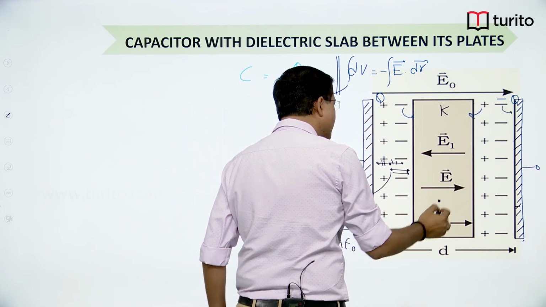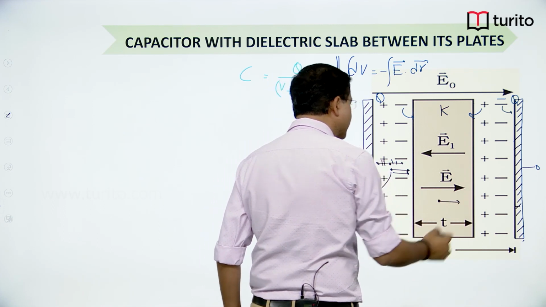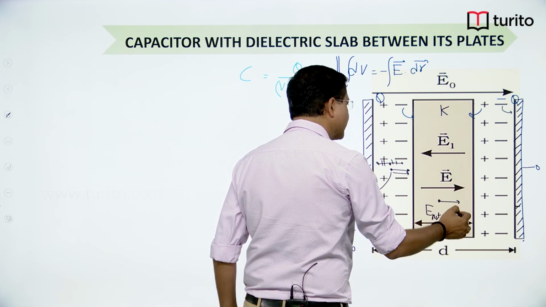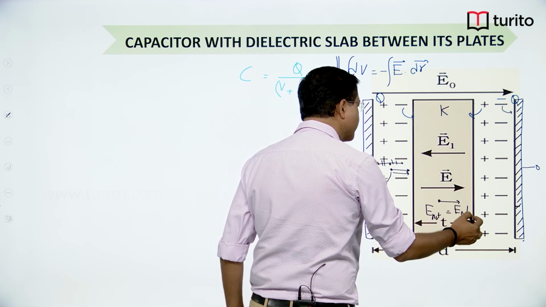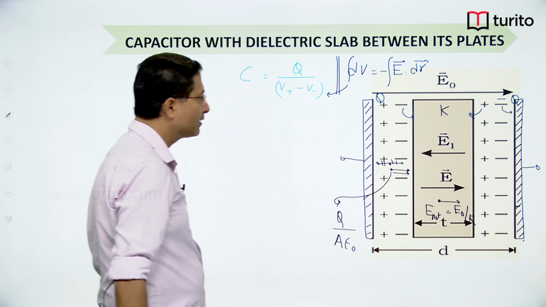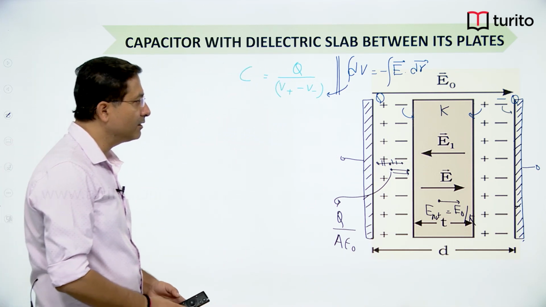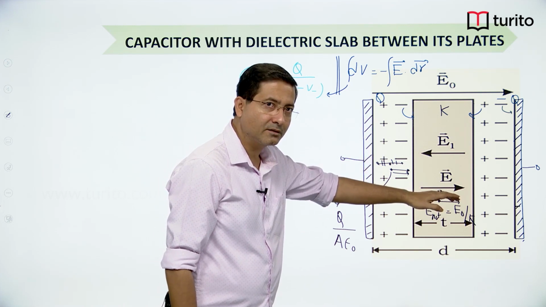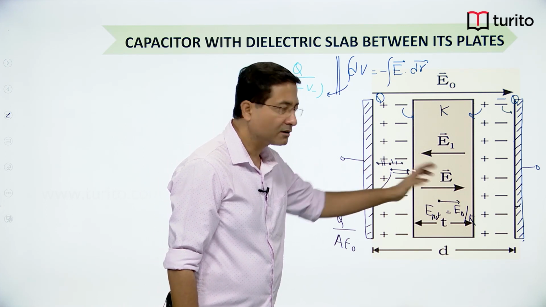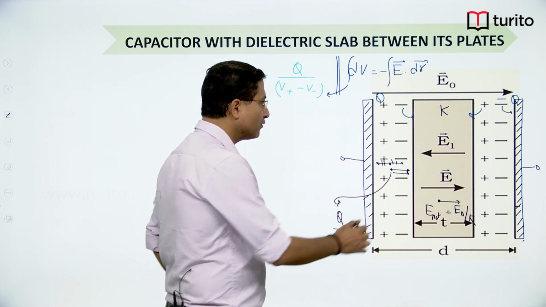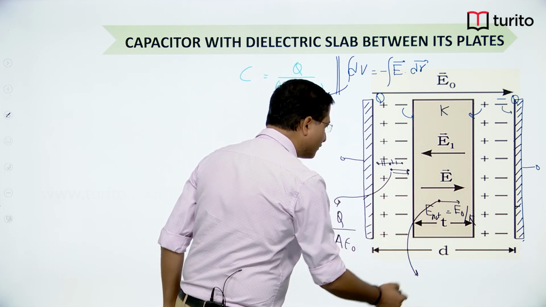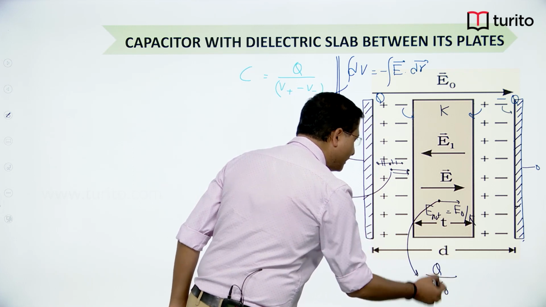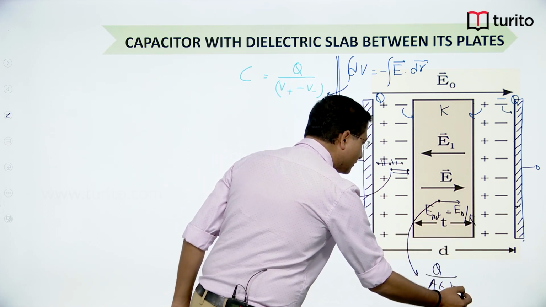So at this point the net field, E net, we know from the definition of dielectric, is E naught divided by K. So inside the dielectric the field will be 1 upon K times the field outside. So the value of the field here will be Q upon A epsilon naught, the field outside, divided by this K.